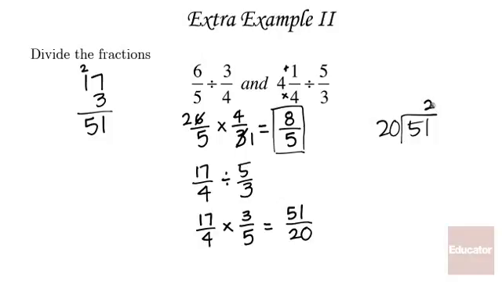It's going to fit in there 2 times, and that becomes 40. I have 11 left over. So I can write it like this, or I can write 2 as my whole number, and I have 11 left over 20. So either fraction, improper or mixed number, is going to be your answer. You can leave it this way, or you can write it this way.